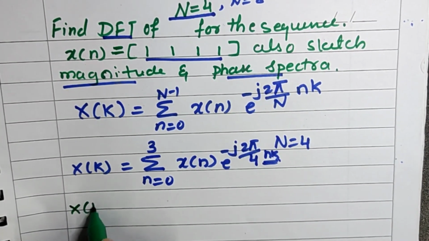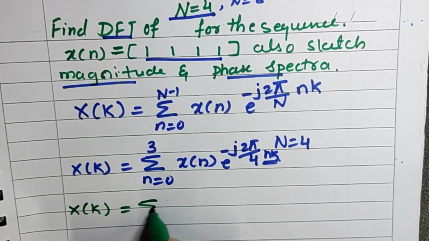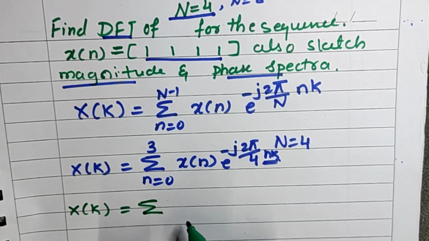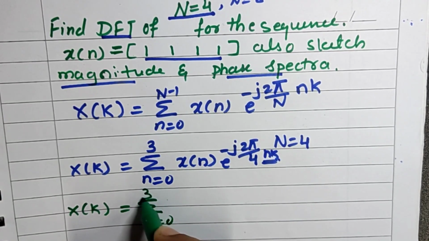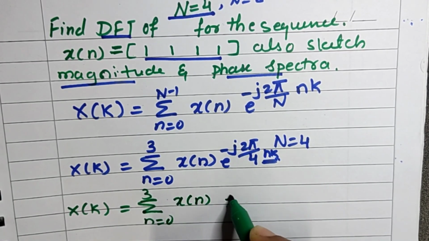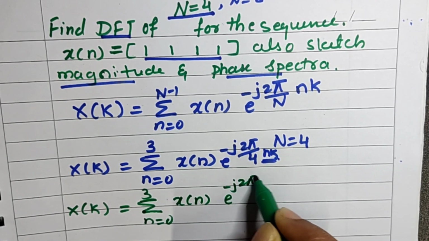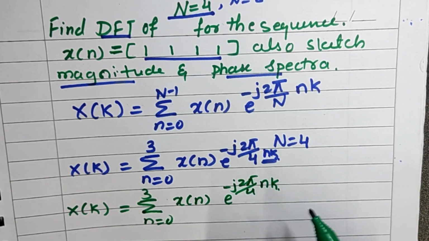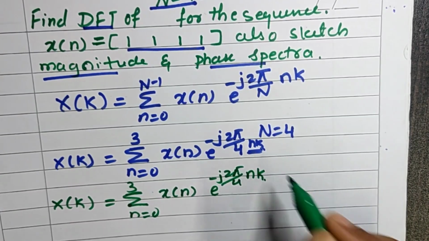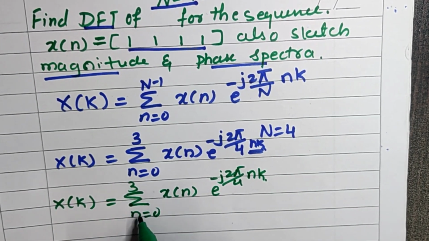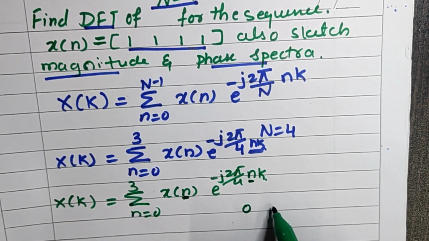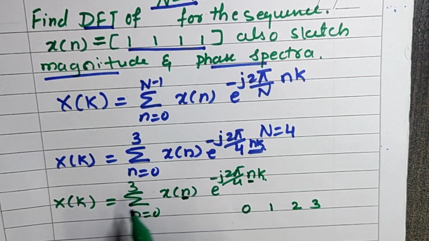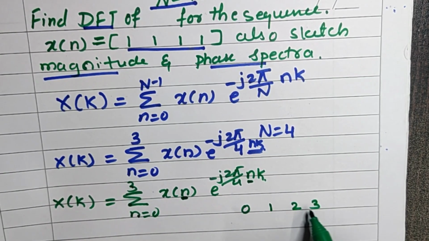So first, X of k is equal to summation of n is equal to 0 to 3, x of n e raised to minus j 2 pi by 4 into n k. Now n has to be varied from 0, 1, 2 and 3.